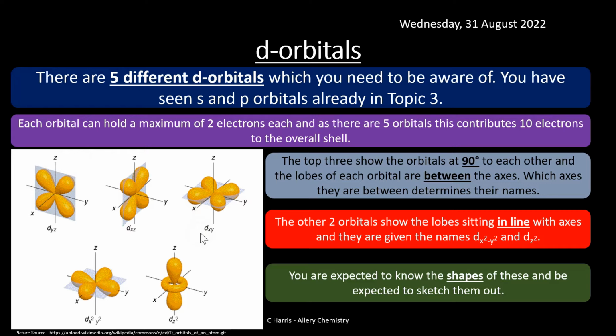I know it says you're expected to sketch them out, but it's unlikely that you'll be asked to do that, to be honest. You just need to be aware of where these orbitals are and the fact that there are 5 orbitals, and that each orbital can have 2 electrons, so you can have 10 electrons in total in the d subshell.